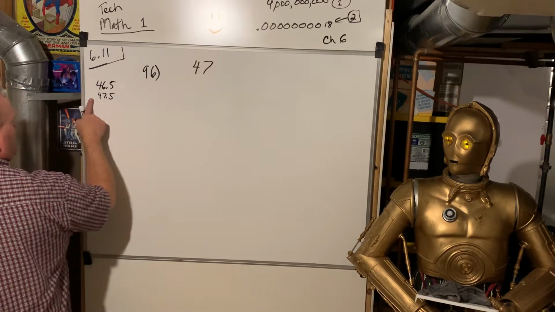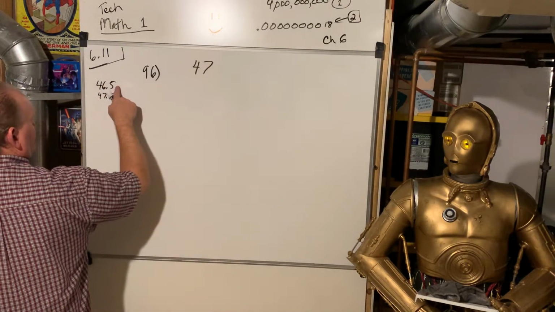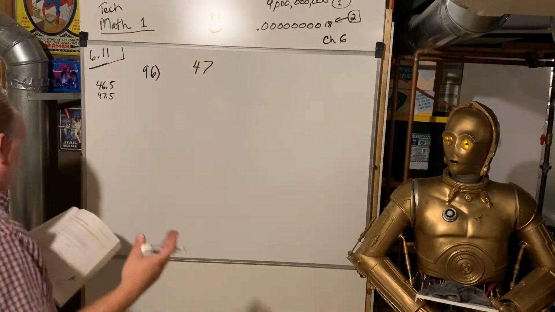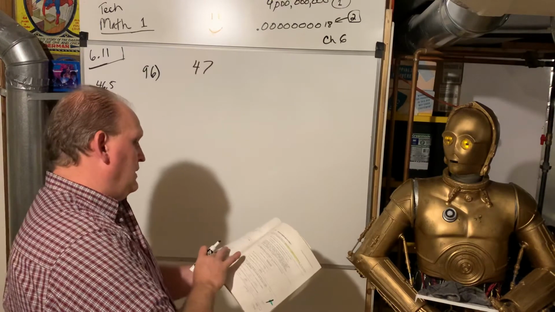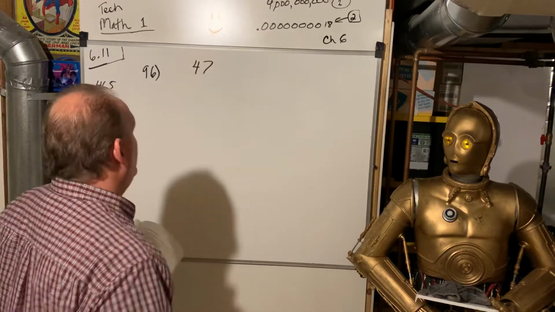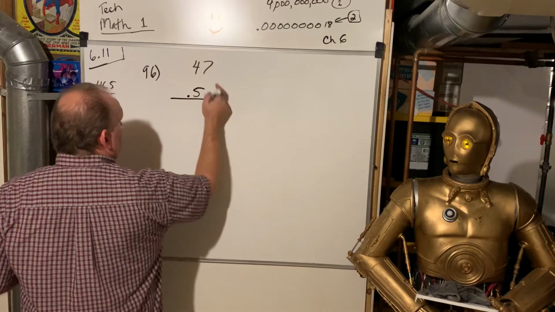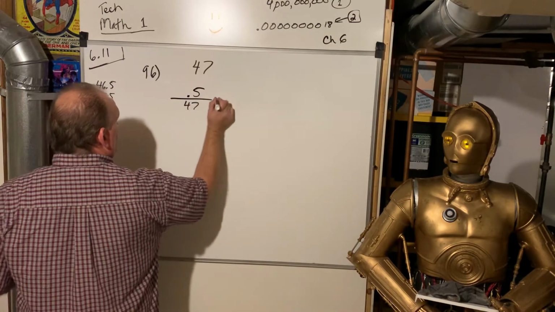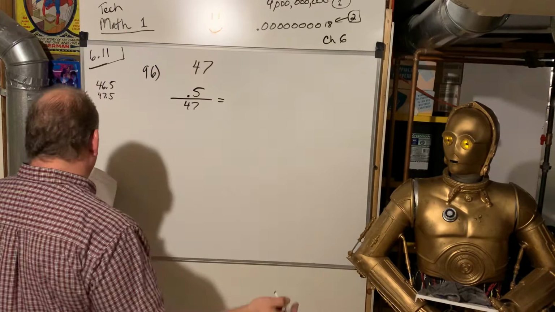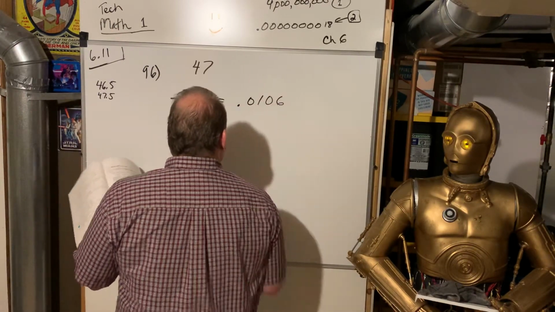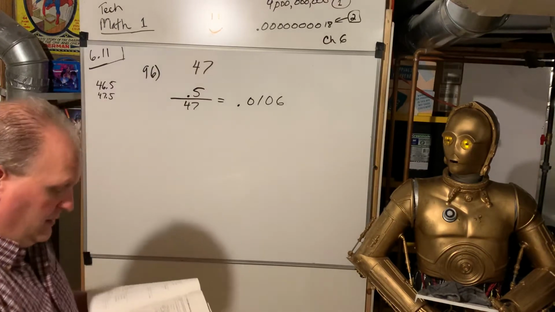That would be the lower limit and the upper limit, and the absolute error is 0.5. So we take that 0.5 and then you divide it by the original number, and that'll give you the relative error. So this is relative error, 0.0106. So that's got a relative error of that.